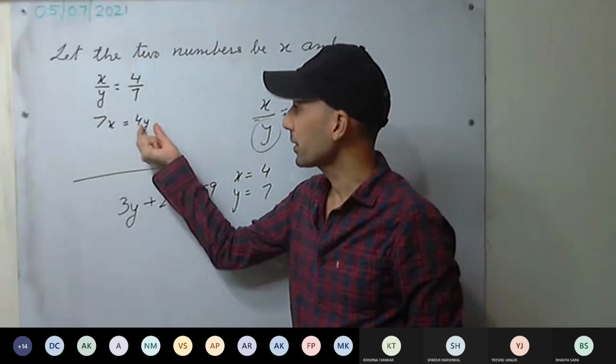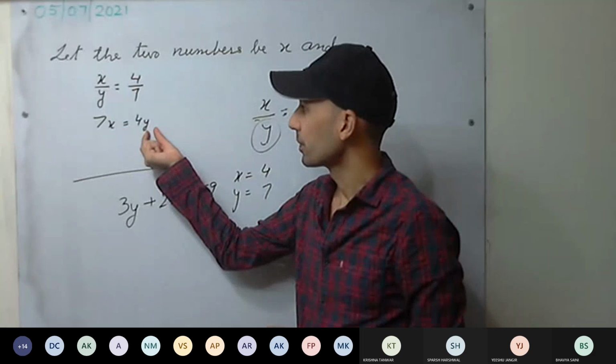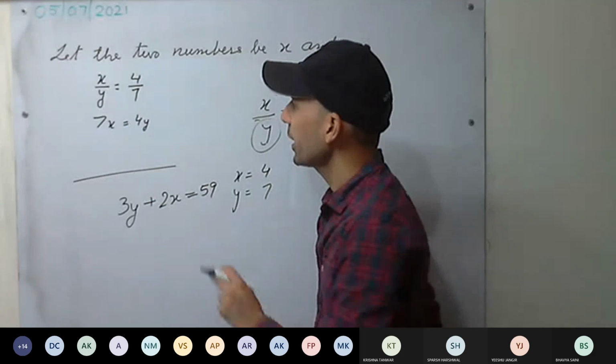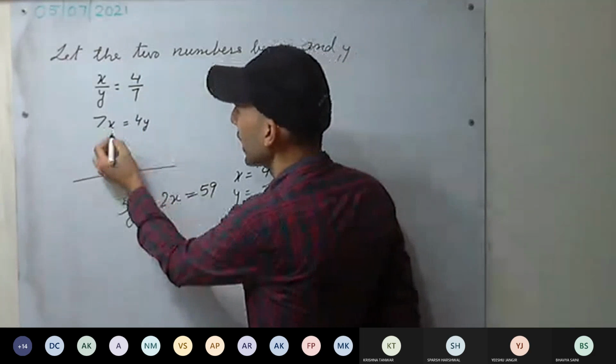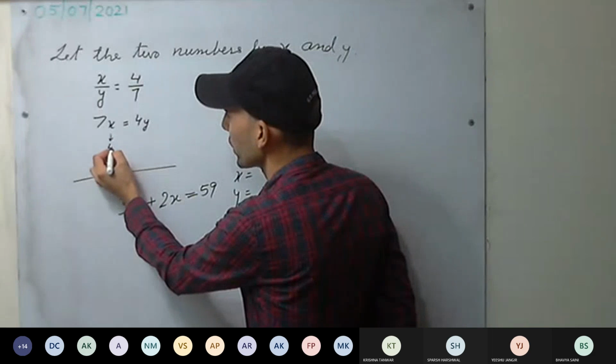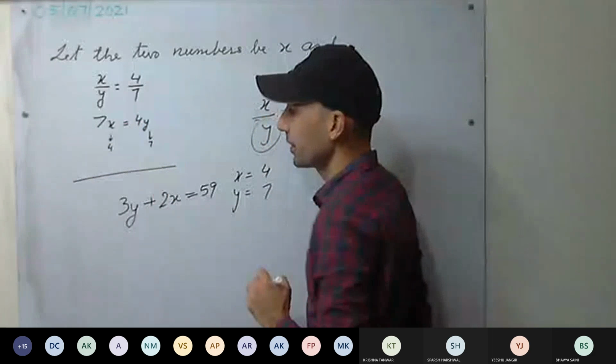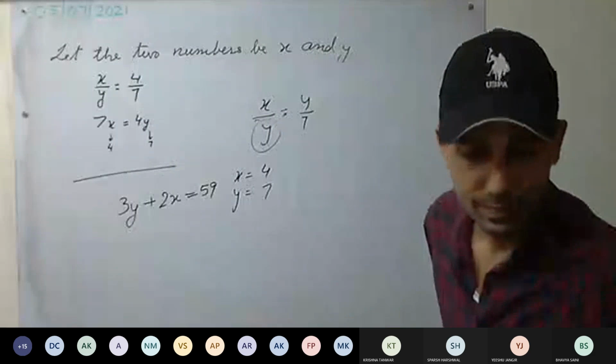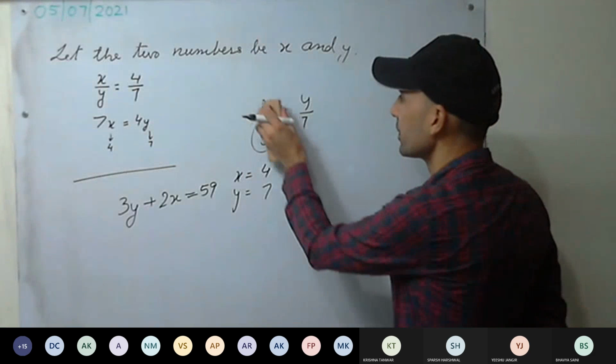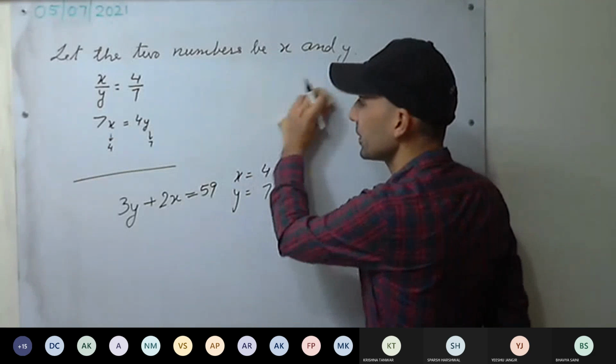Okay, take any two numbers. If I take x equal to 4 and y equal to 7, is the equation satisfied?